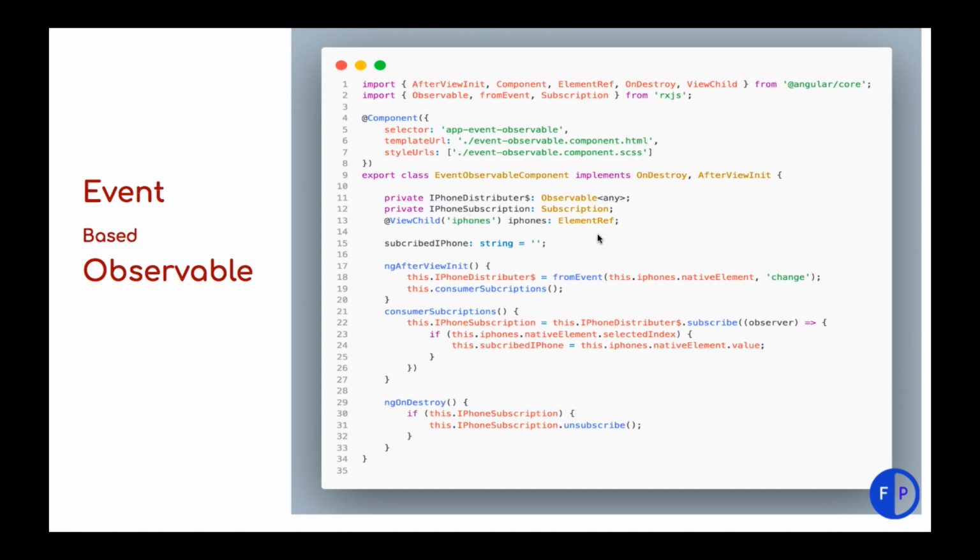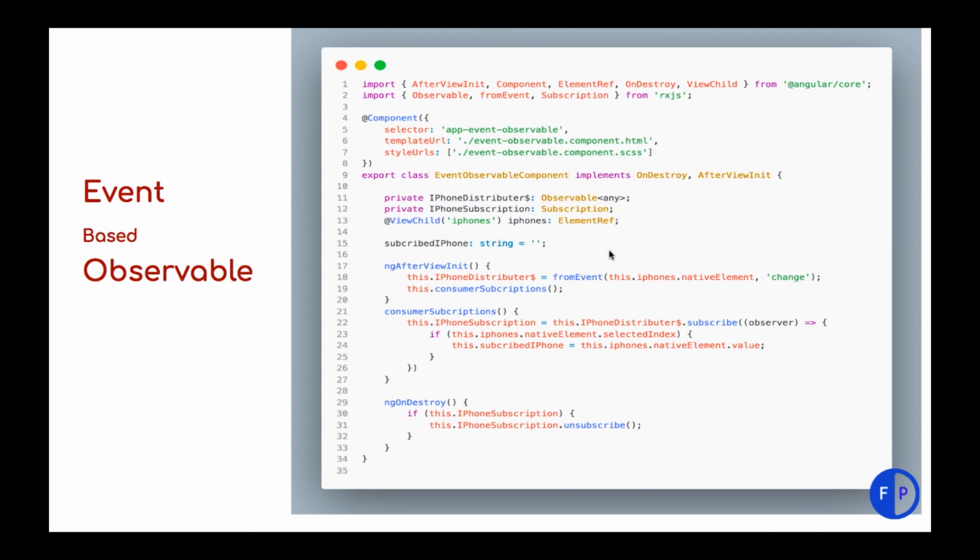First is the observable variable, which, as I mentioned earlier, should be suffixed with a dollar sign so that we can segregate these variables and easily identify that this is an observable. Second is the subscription variable, which has not been initialized yet.